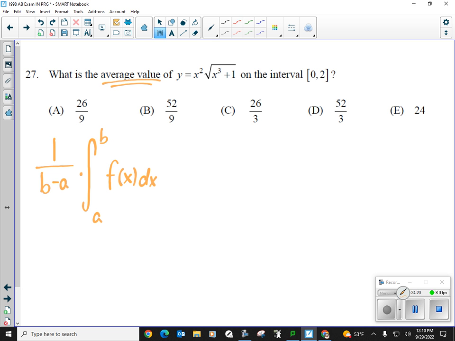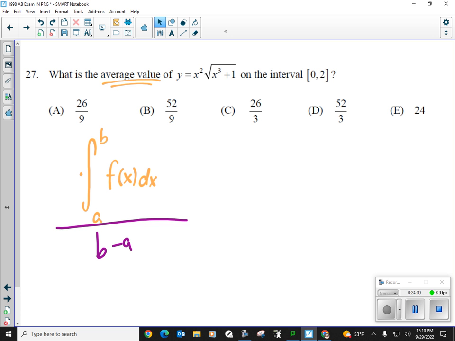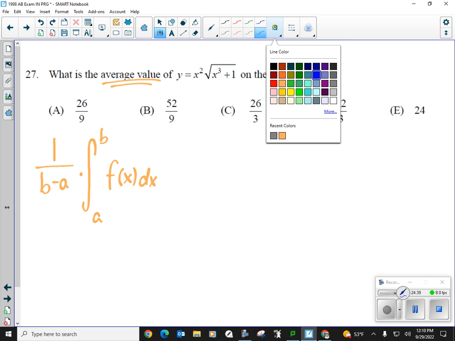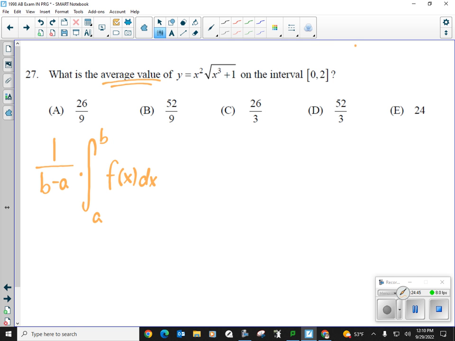Now, I know some people, instead of multiplying by a fraction, they just like to divide by the b minus a. And that's fine, you can do that. But the way I set it up is I leave it like that, and how come? I leave it like that because you never know when you're going to get fractions as answers. And for 27, you'll see we got a lot of fractions as answers.